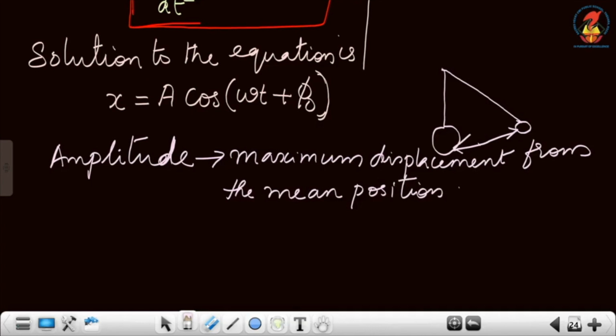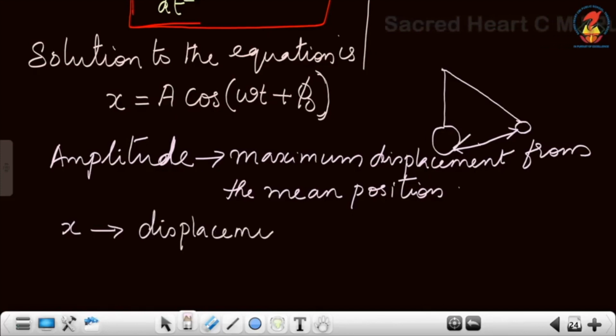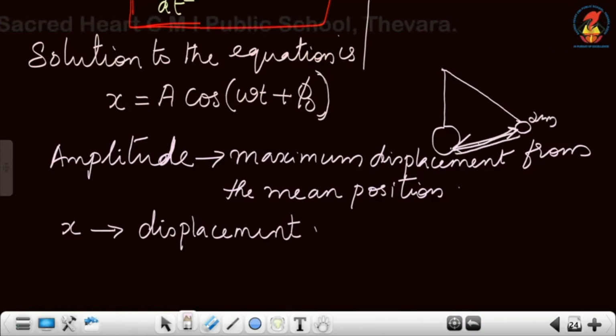Next, x: the displacement of the particle, or in the case of the bob, at each point. It can vary from here to here. Maybe the maximum amplitude is 2 centimeters. The displacement can vary from 0 to 1, 1.5, 2, etc. So that was the displacement.